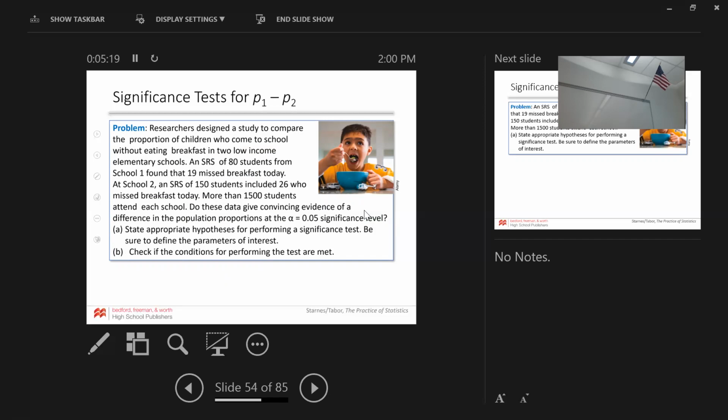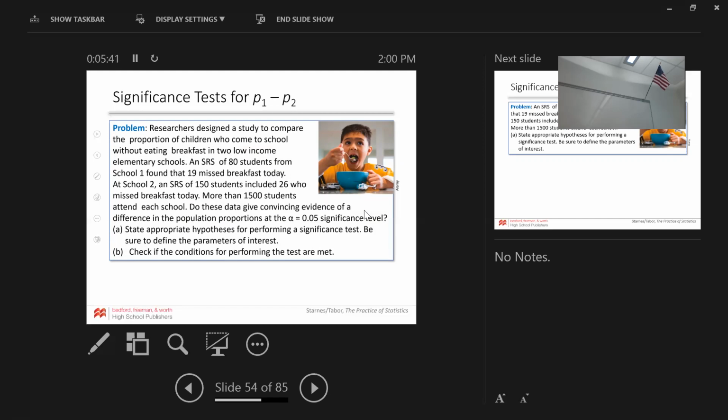You see what happened? There's the two-way table. And it would take you a couple minutes to summarize the information in a two-way table. But if you don't do it and you try to get the information from the question, you kind of get lost. So it says state the hypotheses and check the conditions.